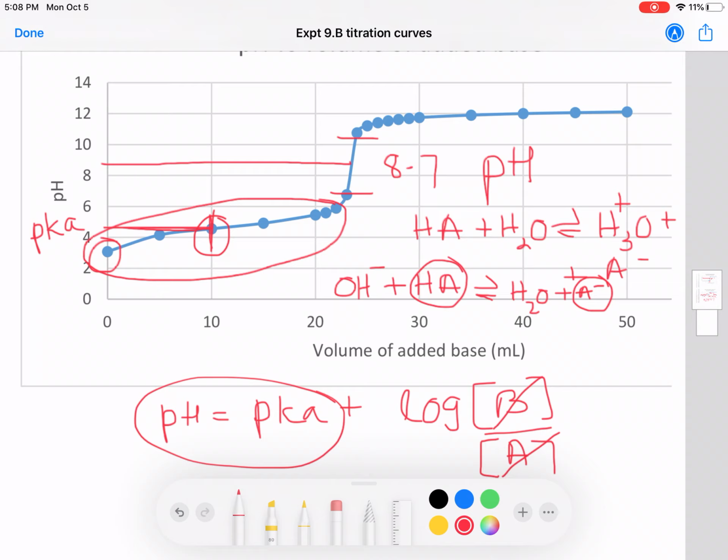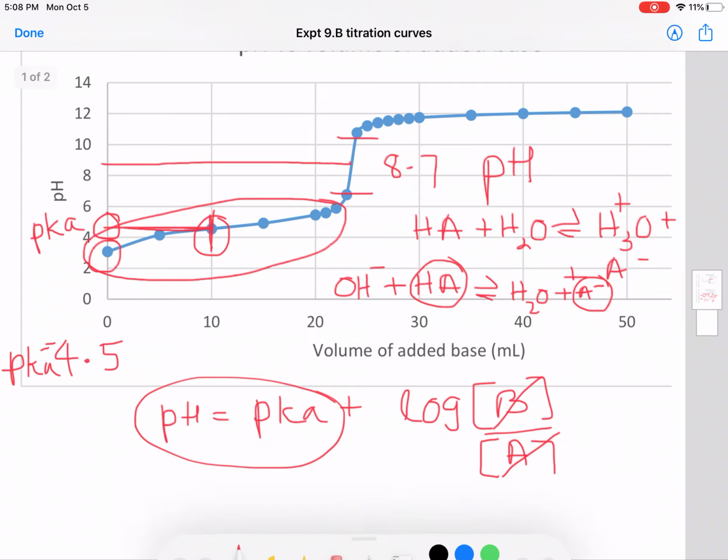So after you draw the graph, you figure out what this pKa is. It's going to be less than 5, maybe 4.5. Again, don't depend on my number, draw your own graph. With pKa 4.5, you need to find out the Ka, and you guys know how to find Ka, don't you?